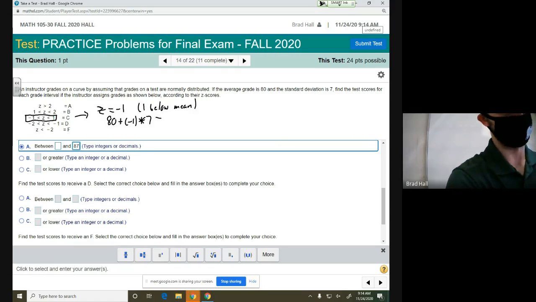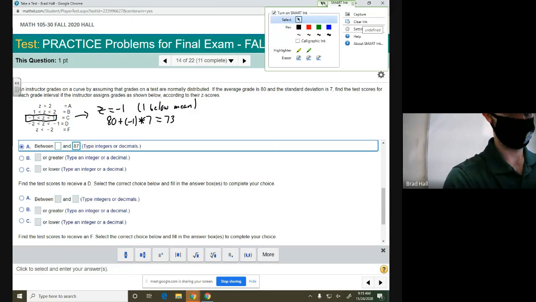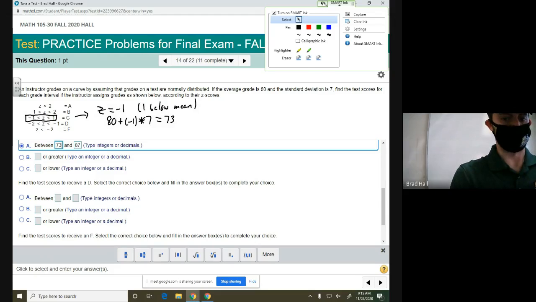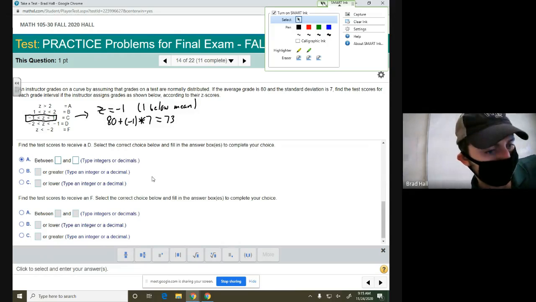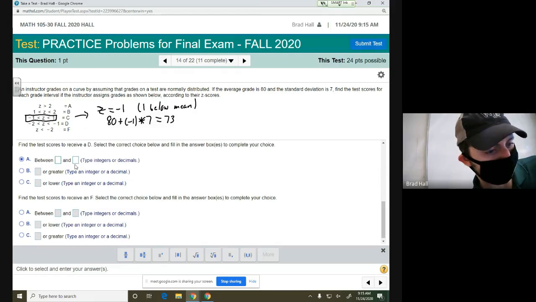So we're just subtracting 7. So that's 73. For C, it's between 73 and 87, which means for a D, that already tells us the upper bound is 73.